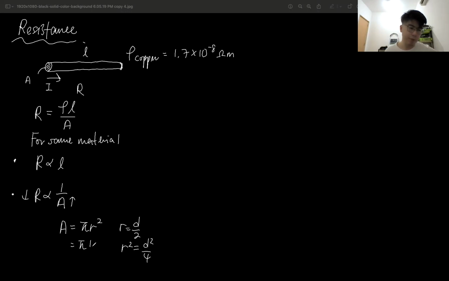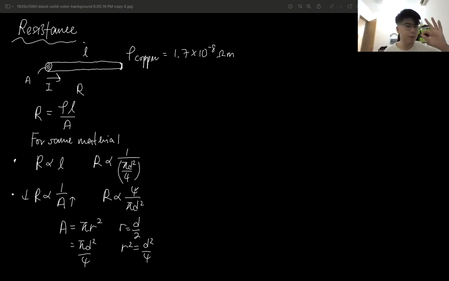So pi d squared over 4, that's our area. We put it inside: R is directly proportional to 1 over pi d squared over 4, so R is 4 over pi d squared. We drop the constant, so R becomes proportional to 1 over d squared.